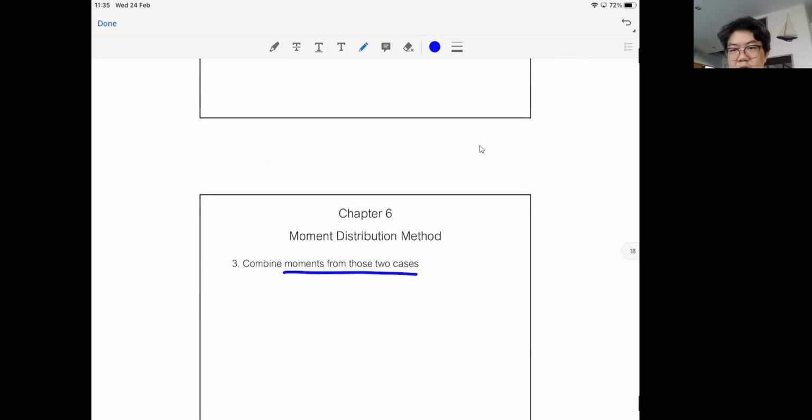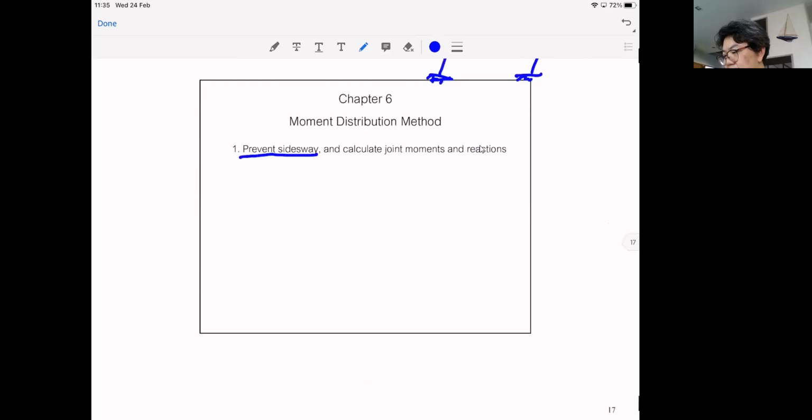So basically, when you have a side sway frame, let's say I'm going to give you a non-symmetric loading.